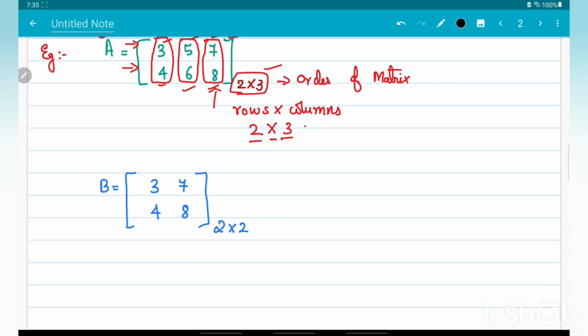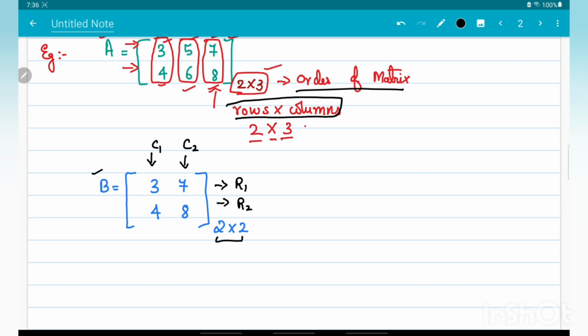Now I have taken here another matrix B. Okay, so this is another matrix B, and the order of this matrix I have written here at the bottom right hand side corner. And if you see, this is first row and this is second row. So there are 2 rows, and then this is column 1 and this is column 2. So you know that in order to write the order of matrix, you have to write it as rows into columns.